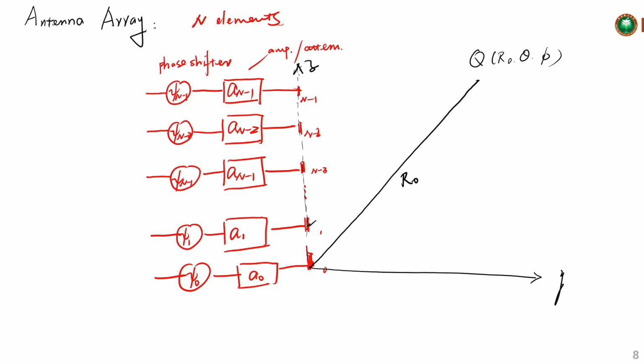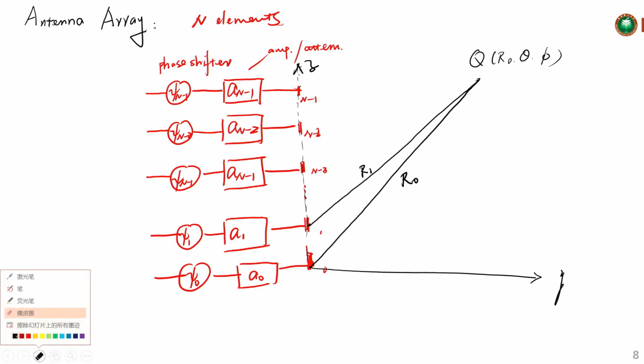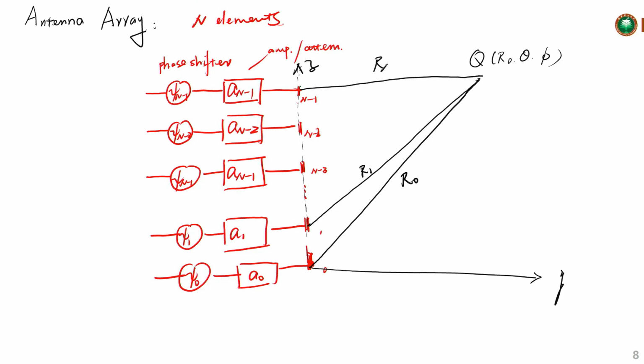And this point to here is named R1. Finally, this point should be R N-1. So we can get the expression for the electric field from the ith component.